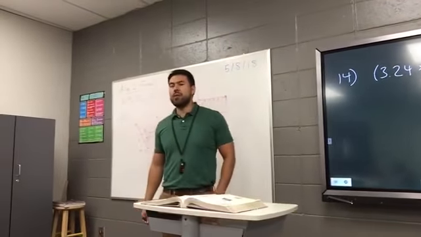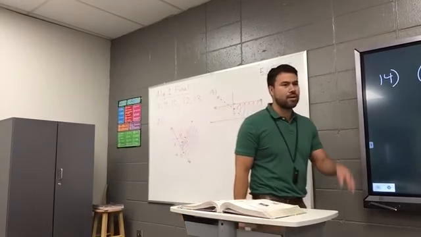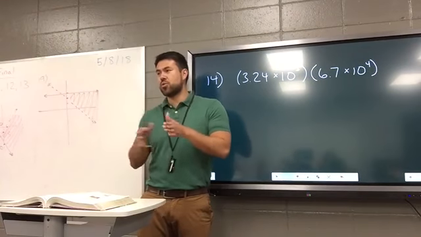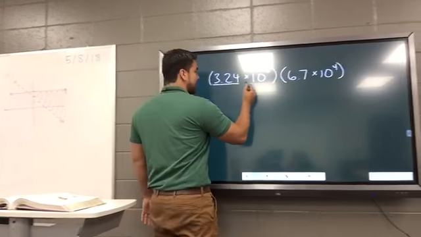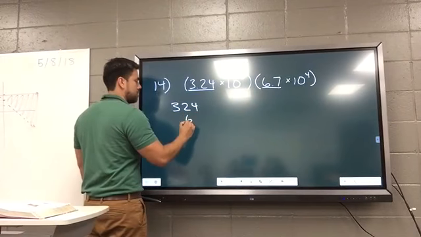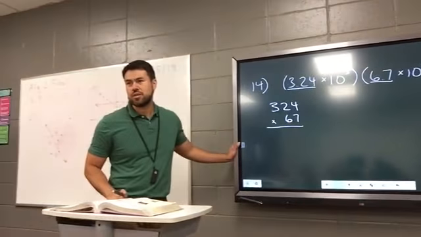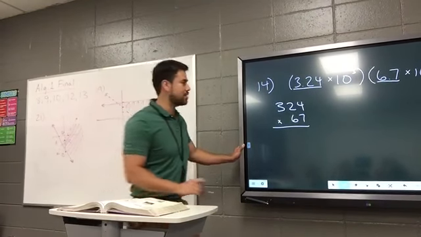All right, on these problems, those 4 numbers, so like the decimal numbers and the powers of 10, they're all being multiplied. So do I have to multiply them in a certain order? No, I'm going to multiply these two together. When you're multiplying decimals, do you have to line up the decimals? No, only when you're adding or subtracting decimals. And you know what?